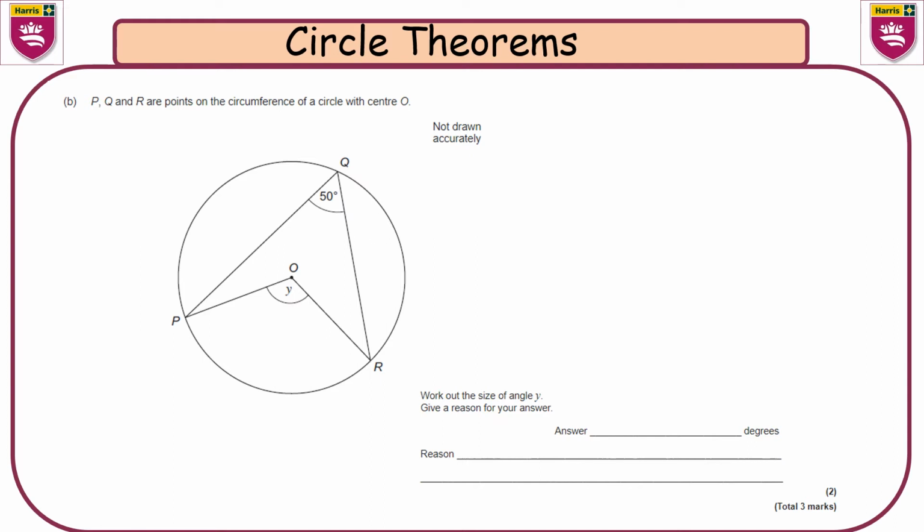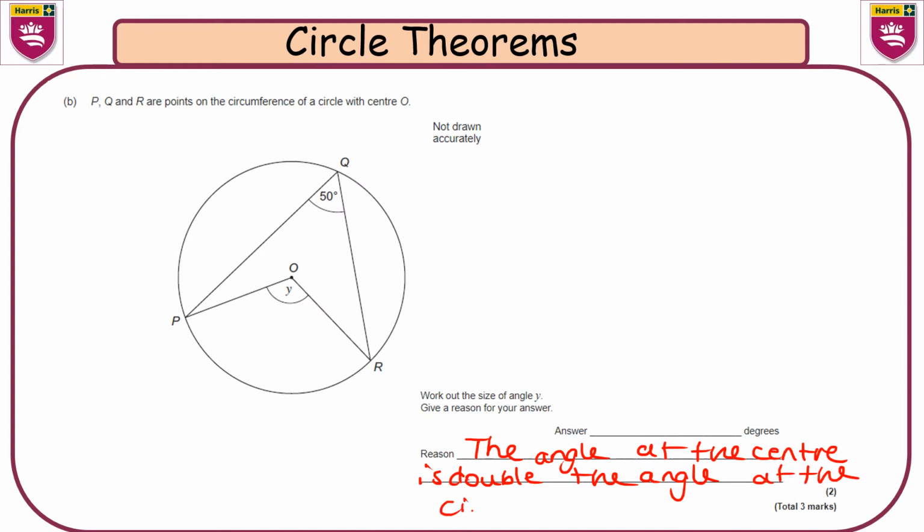This is very obvious that we're going to be using a theorem where the reason is the angle at the center is double the angle at the circumference. So whatever this angle was, this is going to be double that. Therefore, that's going to be 100 degrees.